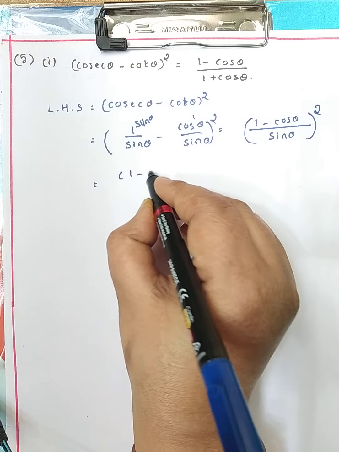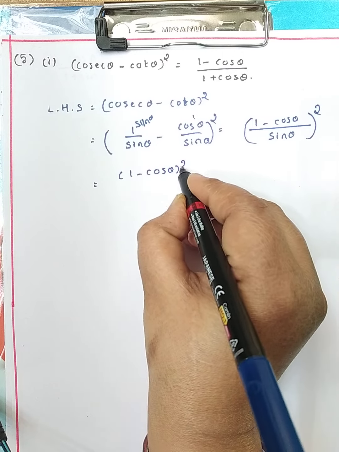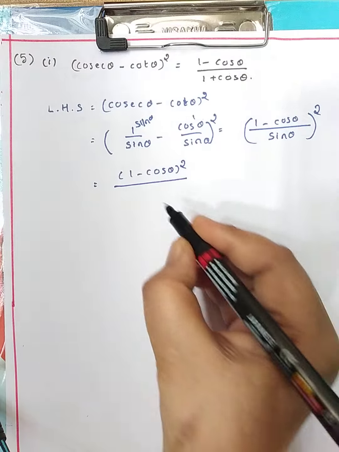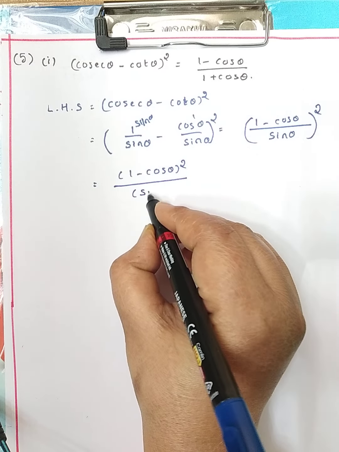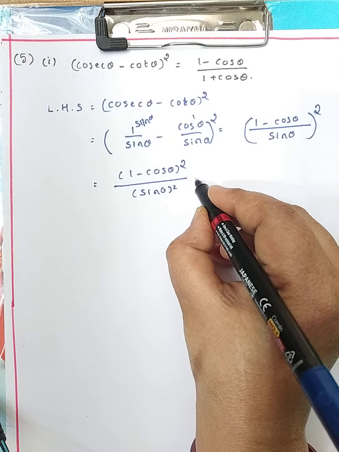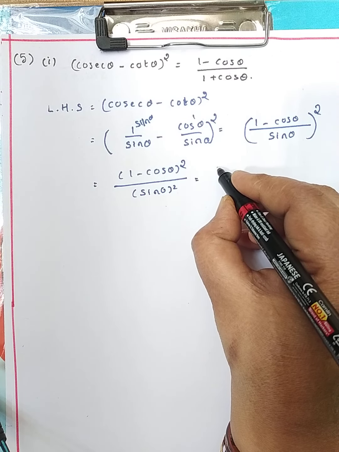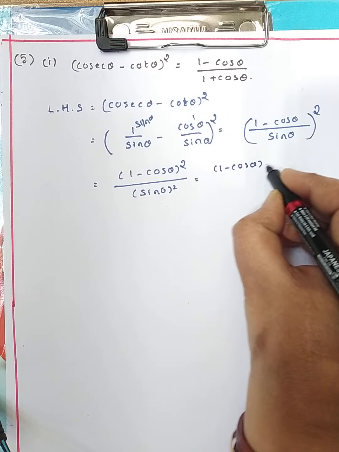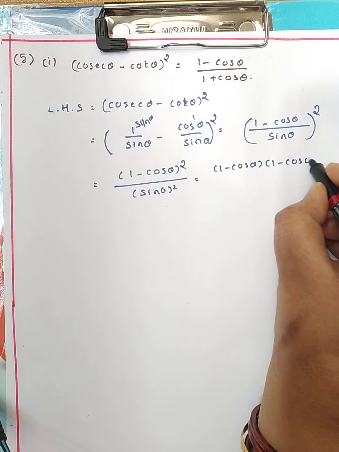Write this as (1 minus cos theta) whole square upon sin theta whole square. Now write it as (1 minus cos theta) into (1 minus cos theta).